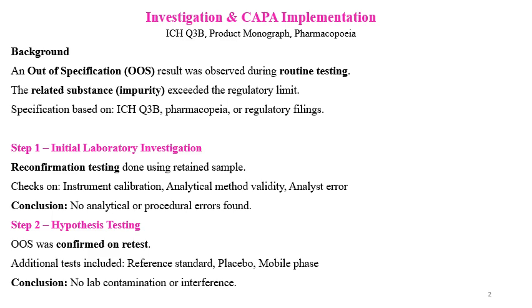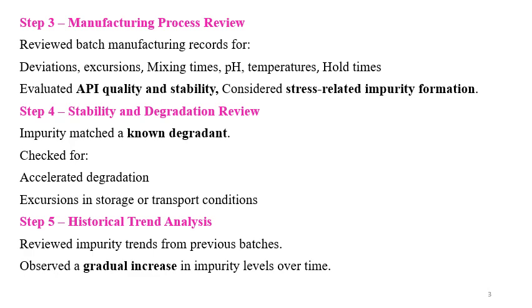Then after step 2, step 3 is manufacturing process review. In this, the review of the batch manufacturing records, BMR, BPR, then deviations, whether any deviation was there, any excursion was there, like change in the mixing time, change in the pH, temperature, or hold time was extended or not.